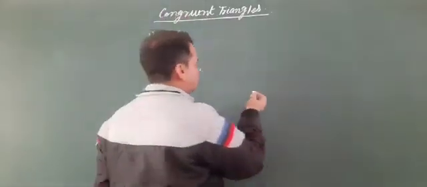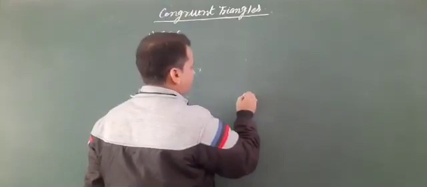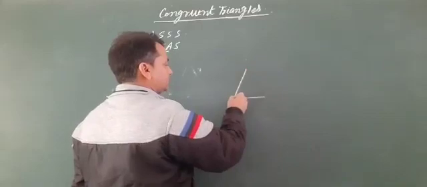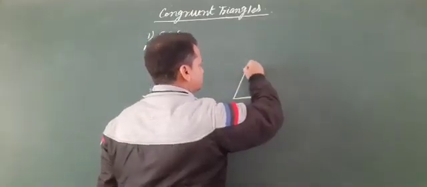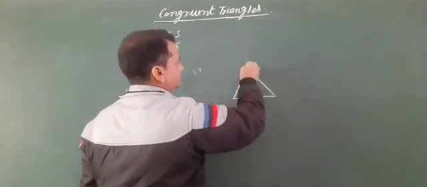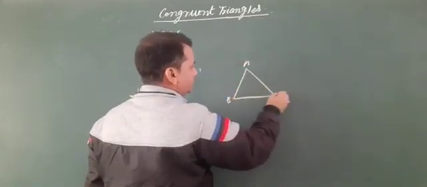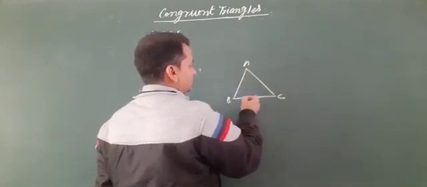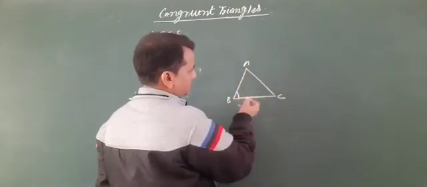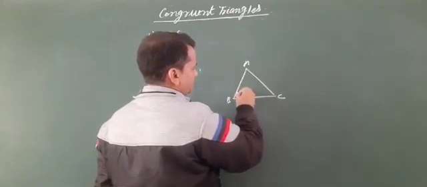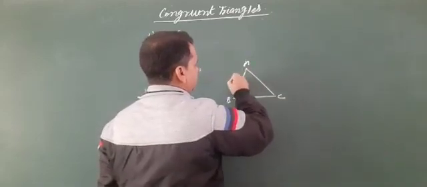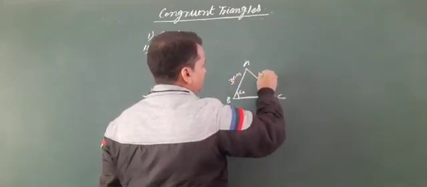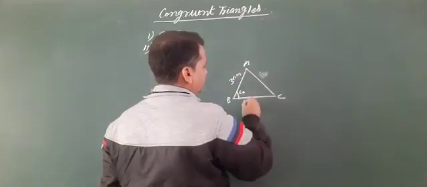Suppose that there are two triangles given here. First is ABC, with 60 degree, 3 centimeter and 4 centimeter.